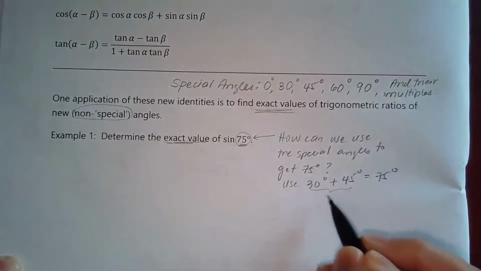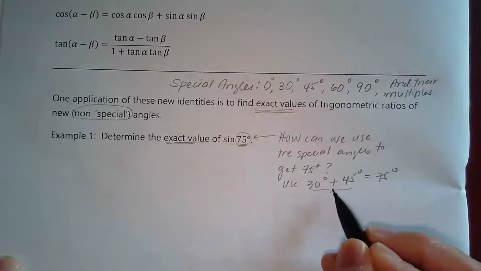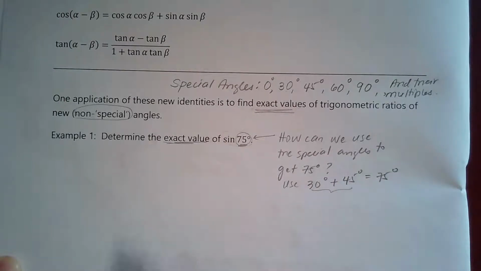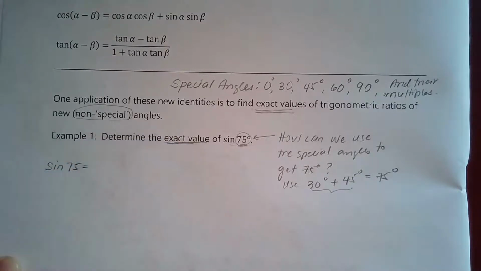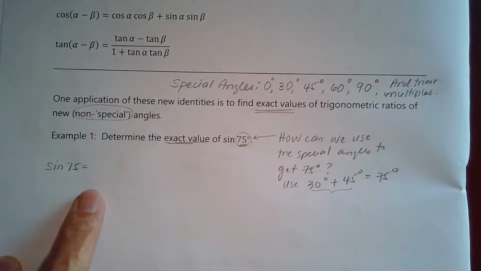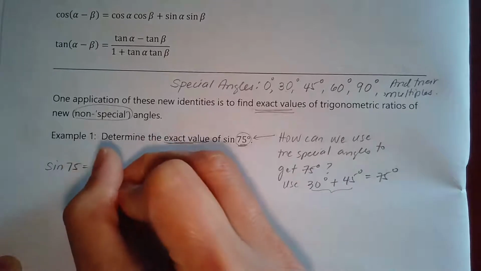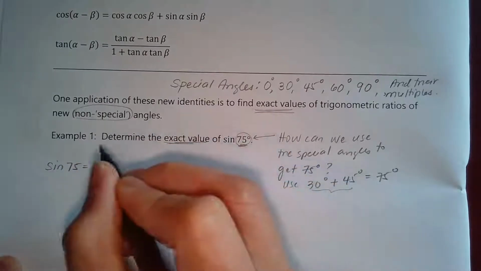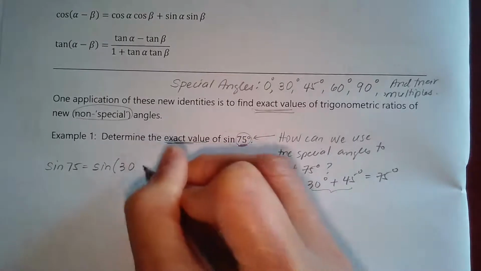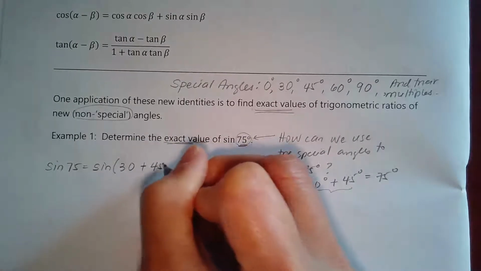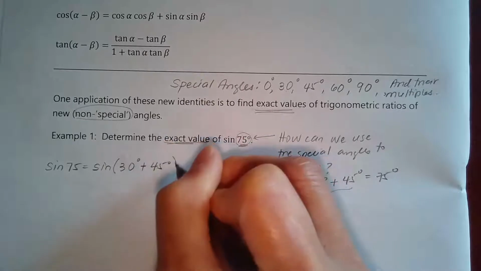And then these are the sum of the angles. So we're making a sum of the angle. When we say sine of 75, it's the same thing as sine of 30 plus 45, and these are all degrees.